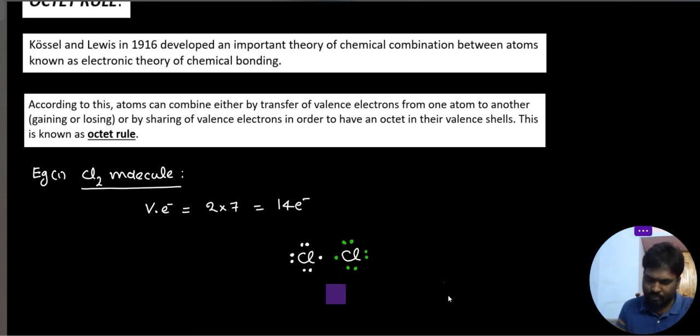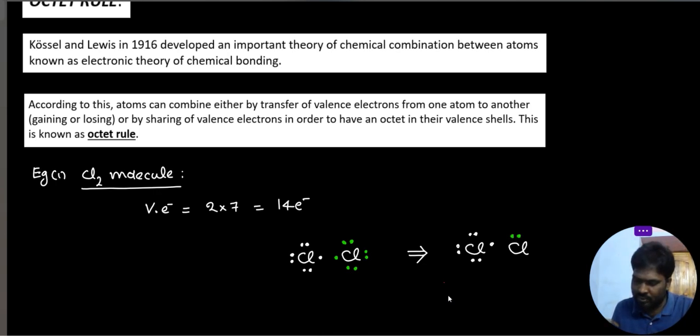Now for one chlorine, 6 electrons we can write like this, and the adjacent chlorine has 7 electrons, 3 lone pairs and a single electron. Clear? Now around this chlorine, how many electrons? 8 electrons. And around this chlorine atom, 8 electrons.